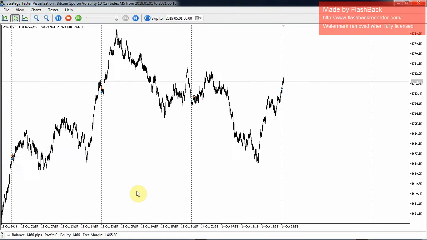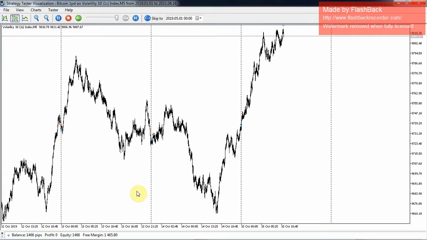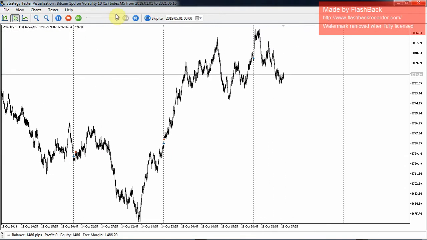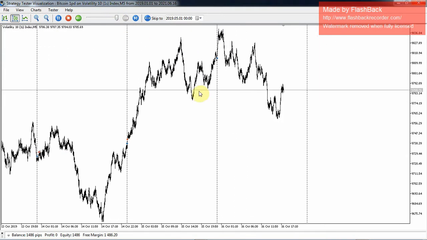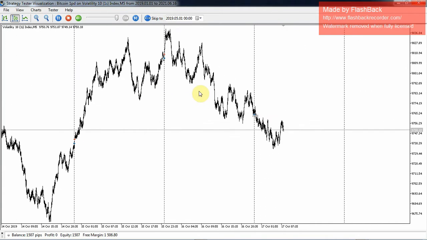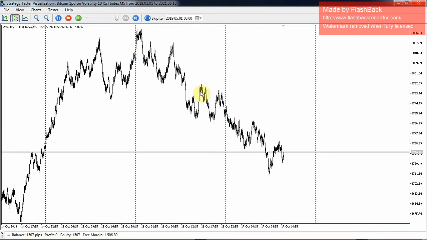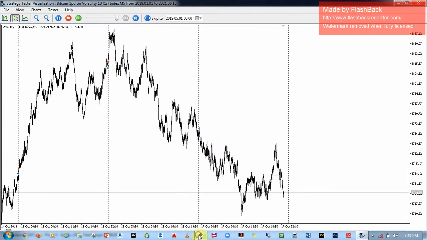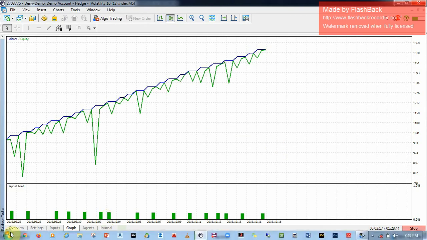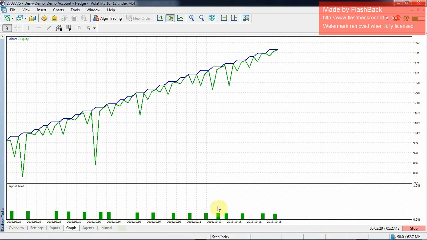The main difference is that on this one, we'll have a lot of trades because almost on each single day there is a trade with this guy, and we'll only have one trade per day with the other.